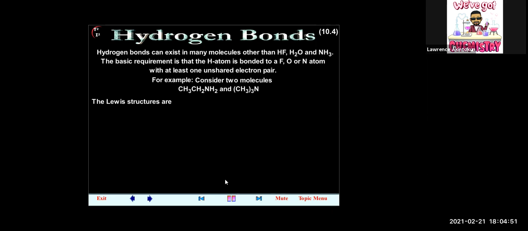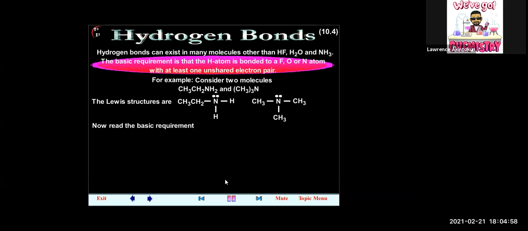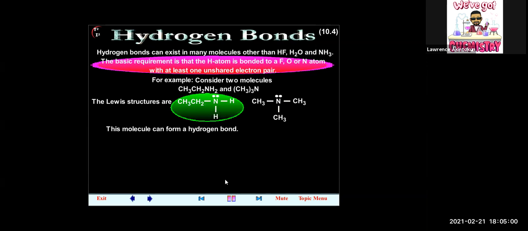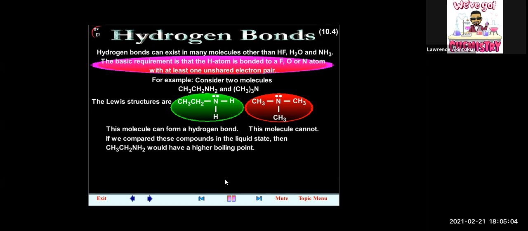The Lewis structures are. Now read the basic requirement. This molecule has hydrogen bonding. This molecule cannot. If we compared these compounds in the liquid state, then CH3CH2NH2 would have a higher boiling point.